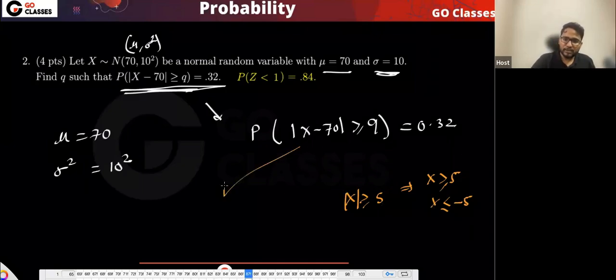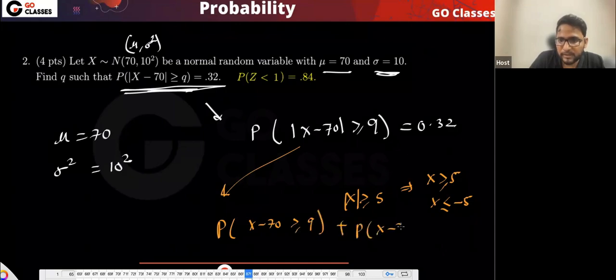So this probability should be the summation of these: the probability that X minus 70 is greater than or equal to q, plus the probability that X minus 70 is less than or equal to minus q. Sorry, it is not 9, it is q.